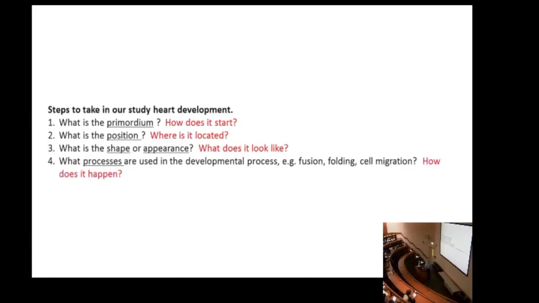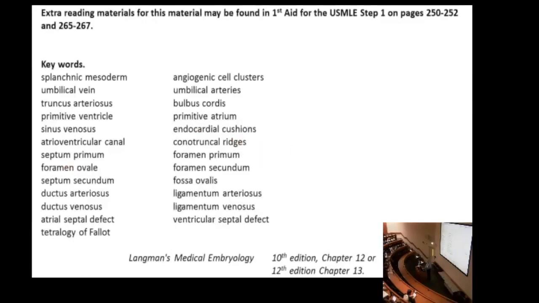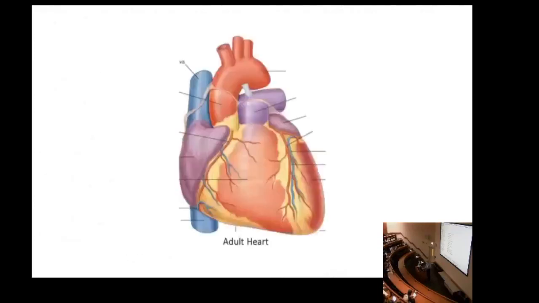How does it happen? Is it a dilation? Is it a constriction? Does it involve programmed cell death like apoptosis? Those processes matter as we go through here, and we'll see that very well illustrated. There are some keywords that if you know these keywords, you'll be well on your way to understanding heart development.